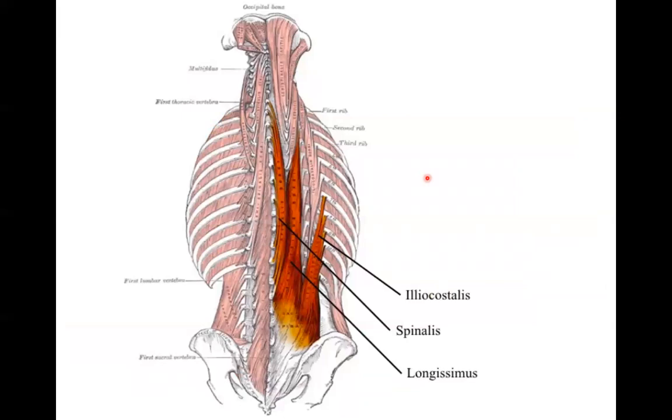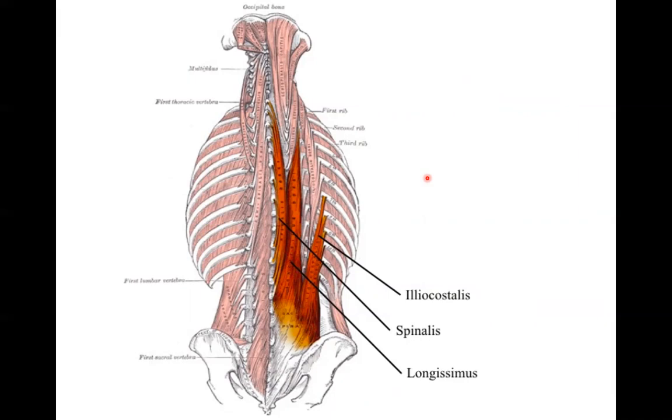Muscles that you don't have to be able to identify, but I'm going to talk about anyway, are known as the erector spinae muscle group. These muscles are making up the largest muscle mass of the back, and they consist of 3 different muscle groups: the iliocostalis, the spinalis, and the longissimus.